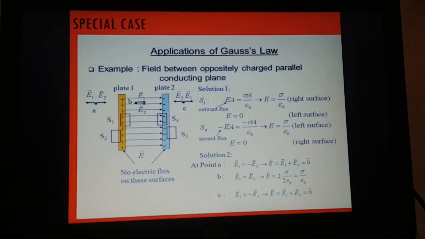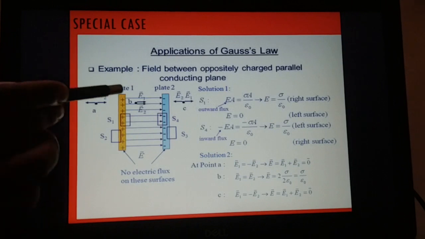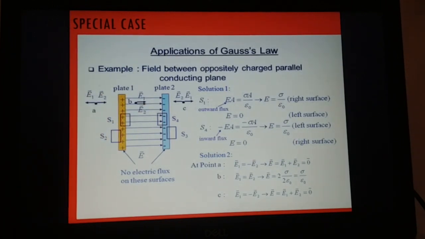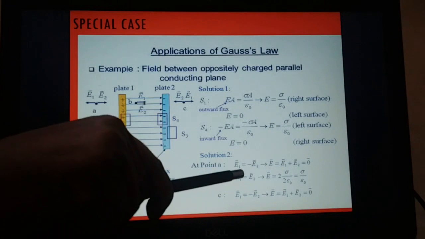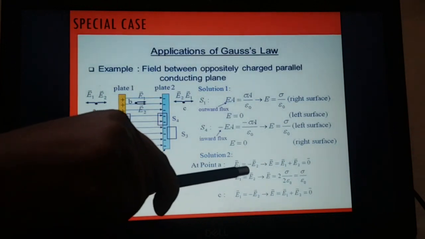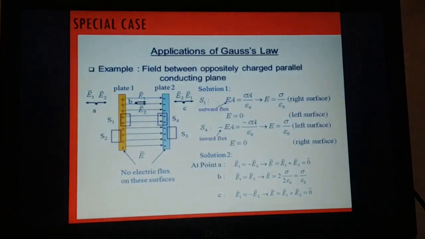But in the second region, that is in between, E1 and E2 are acting in the same direction. The reason we have just discussed. Okay, so here at point A, the net electric field will be E1 minus E2.